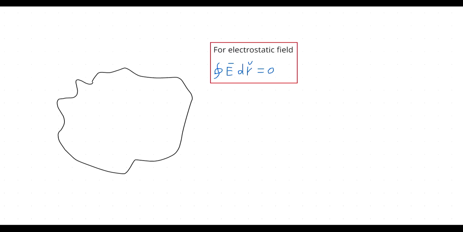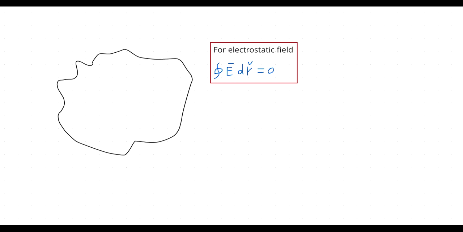Free charges cannot move along a closed trajectory inside the conductor. And from here we can conclude that there are no free charges inside an isolated conductor.